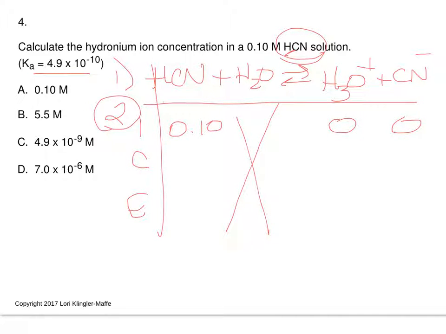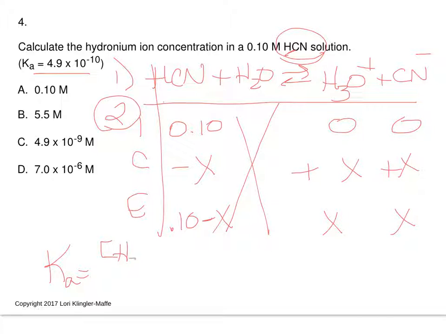And they're all present in a 1-to-1-to-1 stoichiometry, so I'm going to call the change in hydronium and cyanide X and minus X for the original acid. And so my equilibrium concentrations are as follows. Write out your Ka expression, concentration of products over reactants.